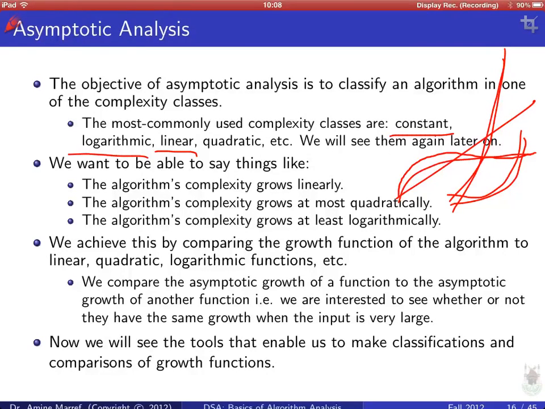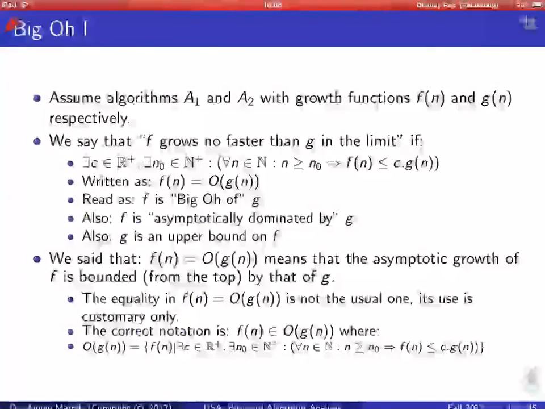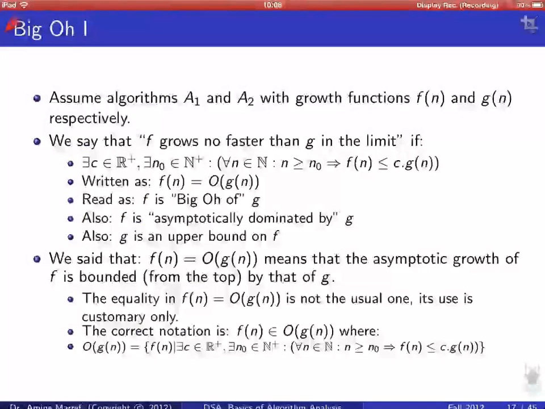Now, before looking at this mathematical expression, if f grows no faster than g, then what can we say about the efficiency of algorithms A1 and A2? If A1 has growth function f(n) and A2 has associated growth function g, then if we say that f(n) grows no faster than g, what does this tell us about the efficiency of A1 and A2?